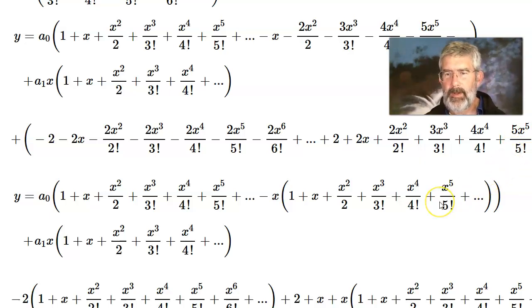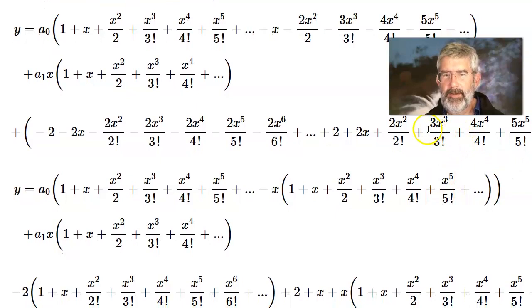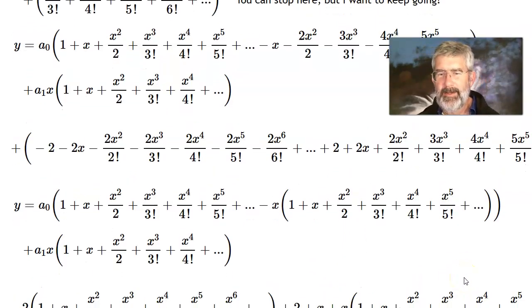So each of these, what's going to happen is the factorials on the bottom are going to drop down by 1. And then I'm going to factor an x out of everything up to here, except that this 2x is going to be written as an x plus x. So I'm only factoring the x out of one of those x's, right? If I distribute this x back in here, whoops, wrong way.